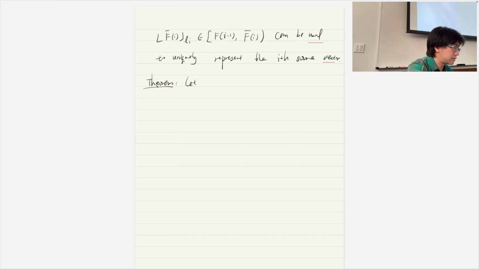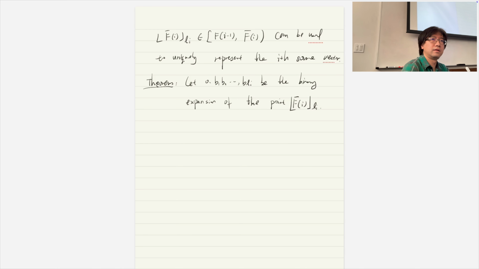Let 0.b1 b2 up to b_{L_i} be the binary expansion of the point F-bar truncated to L_i bits.